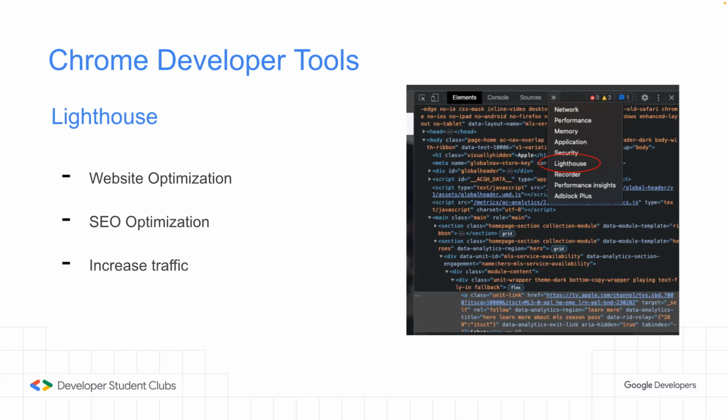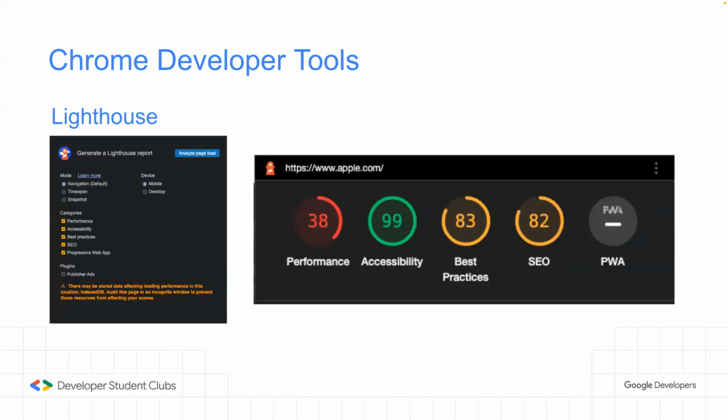And so it'll give you some really valuable feedback about how fast your website is, how accessible it is, how search engine optimized it is, which is a big one to help increase traffic. Because SEO is a very, very big, very complex field and it can take a lot to get into, but Lighthouse can help you with that.